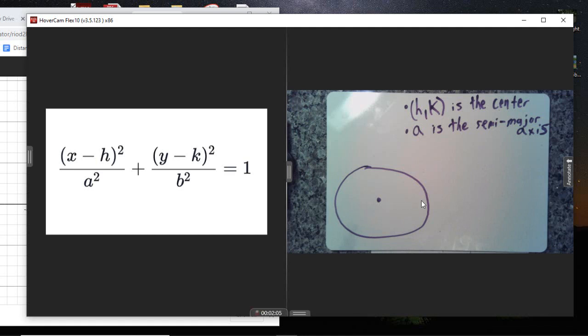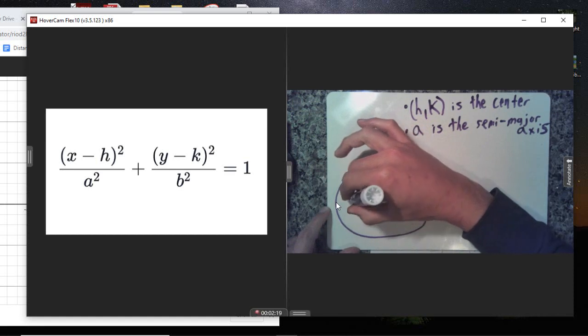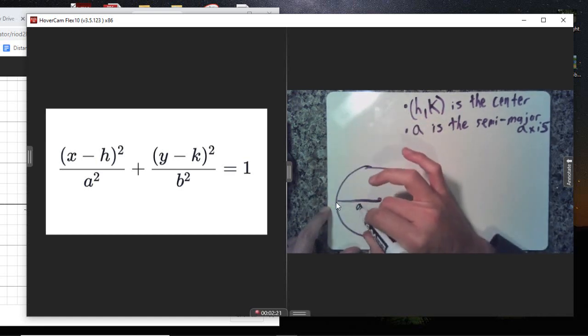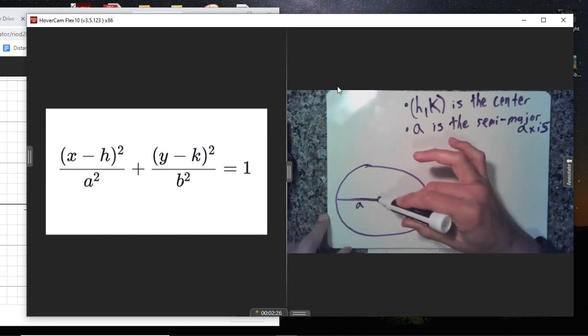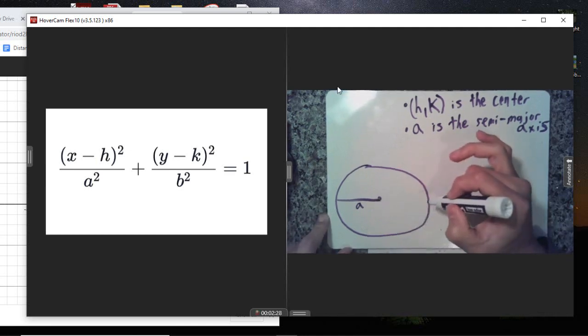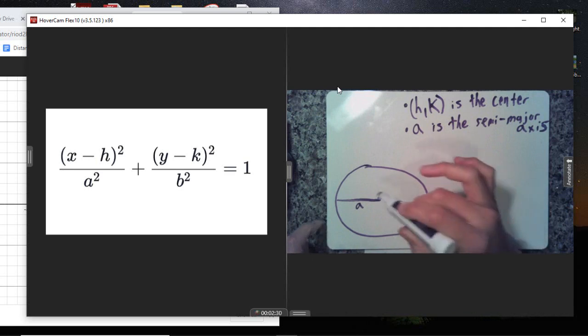So it goes through the center, reaches the edge, and it connects here. So it's this entire length. That's the major axis. Now the semi part of that is just this half. So just to show you, connecting, that length is A. Now keep in mind it also connects right here. It goes from this side to this side as well. But that length is A.